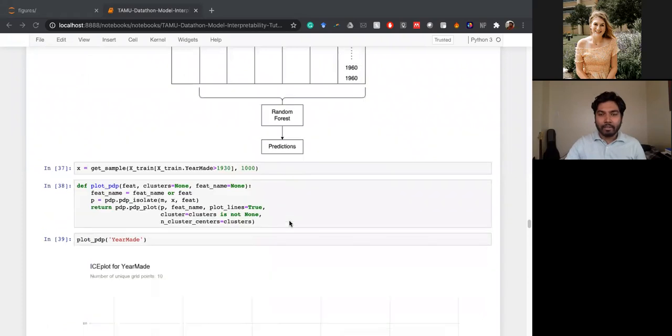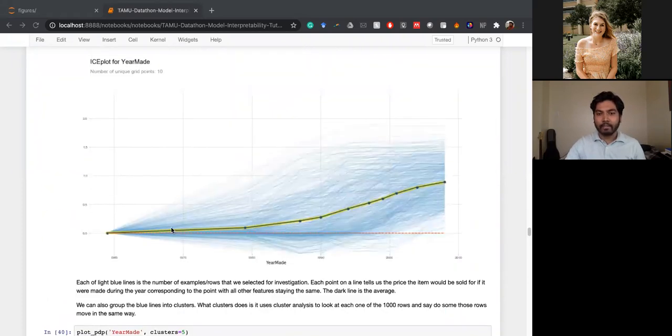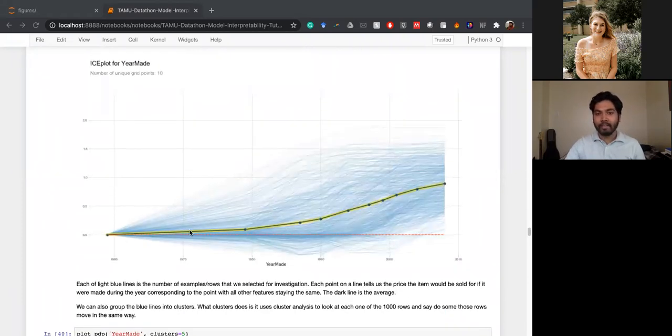And after doing this kind of analysis, I get a general increasing trend in my price that I was expecting. As the year increases, the price also increases, which is given by this dark line. And these faint blue lines are basically my different observations.